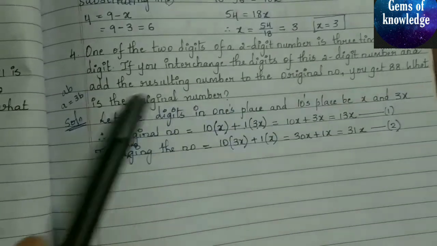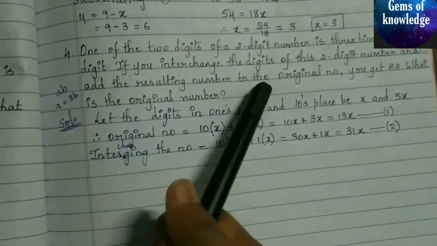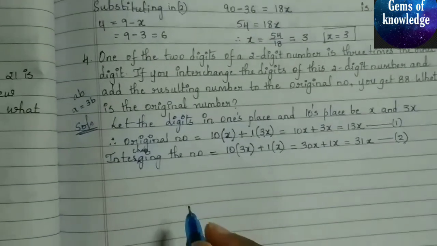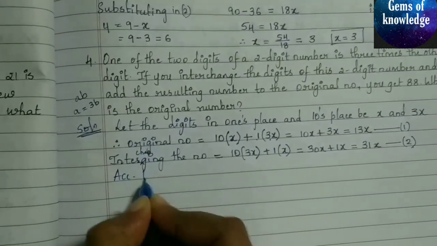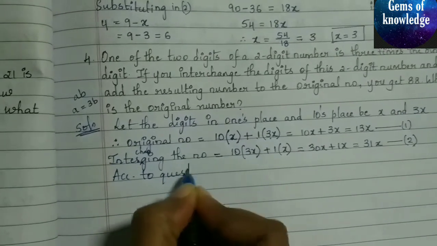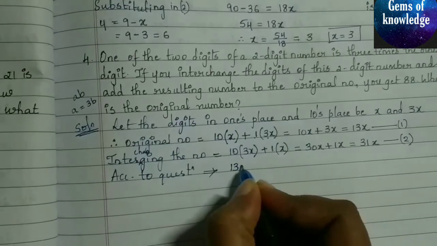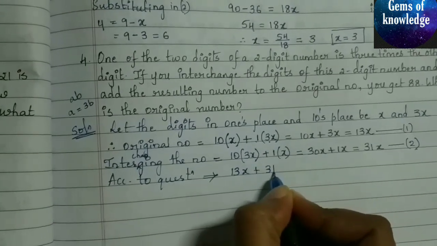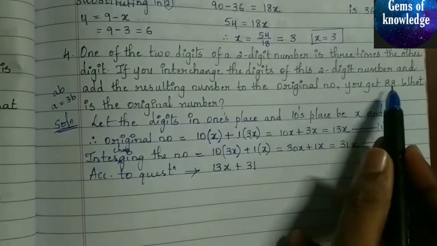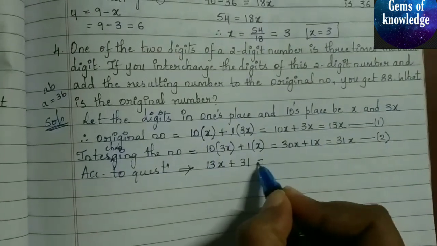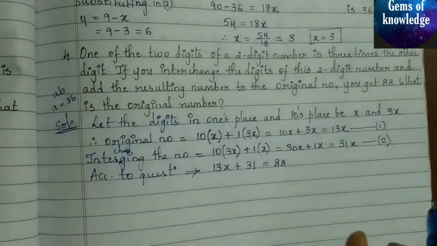What we have to do is add the resulting number to the original number. So on adding, we write according to the question: 13x plus 31x is equal to 88.